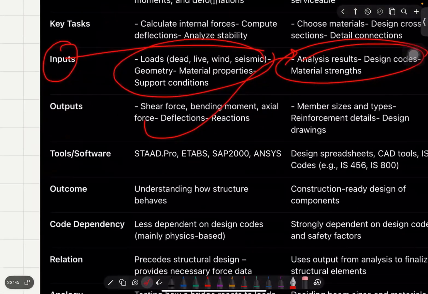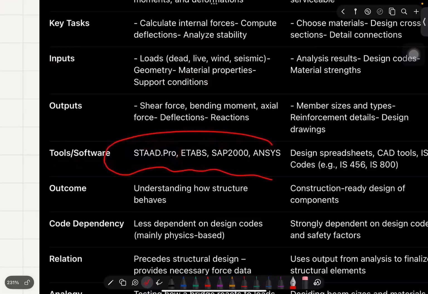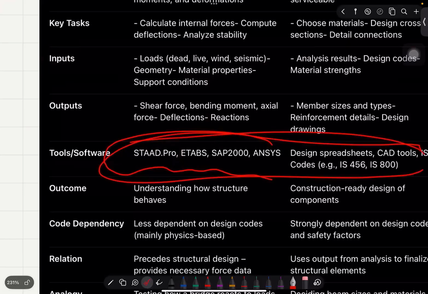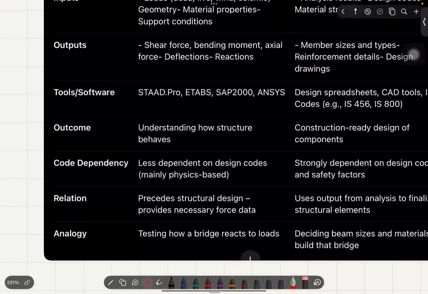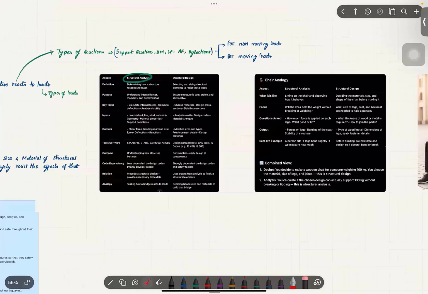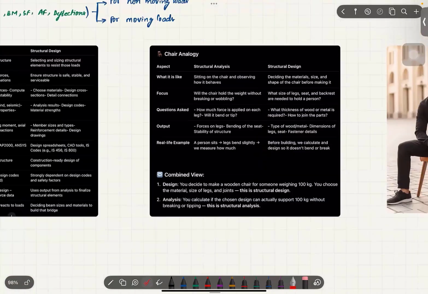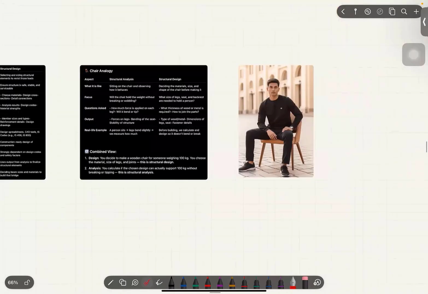There are plenty of tools used in structural design and analysis, like STAAD Pro, ETABS, SAP. Our Bhavanam C2C is giving courses for this. If you want, you can take them, and the rest you can get from the internet. So I just made an explanation of how to do structural analysis for a chair. Okay, this is about the subject.